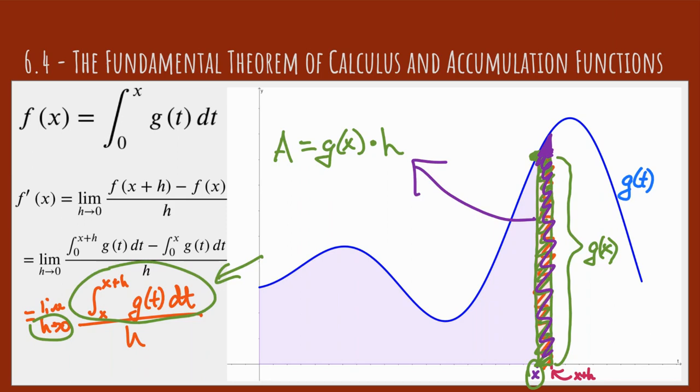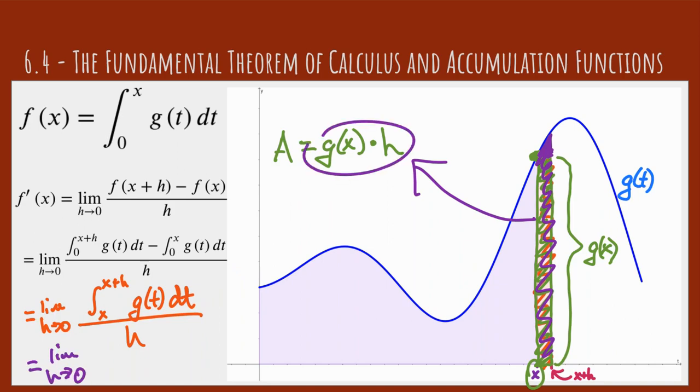And remember, that's exactly what a limit does for us. It says as some value approaches some number, what happens to the resulting value? In this case, what happens to this area? So in this equation right here, I can replace that top with this, because as h approaches 0, that area is going to approach g of x times h.